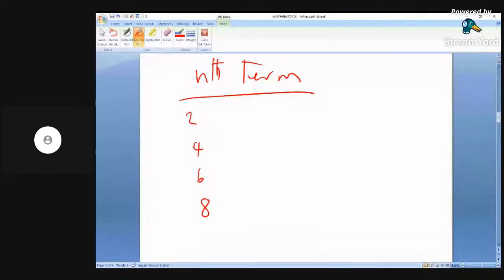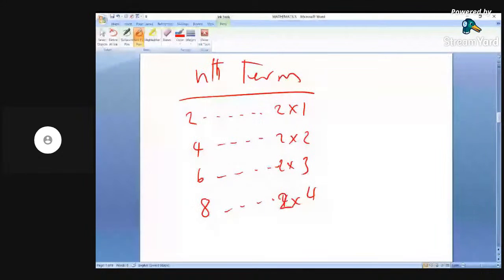We have to investigate it with respect to position. So I can say this is 2 times 1, this is 2 times 2, this is 2 times 3, this is 2 times 4.